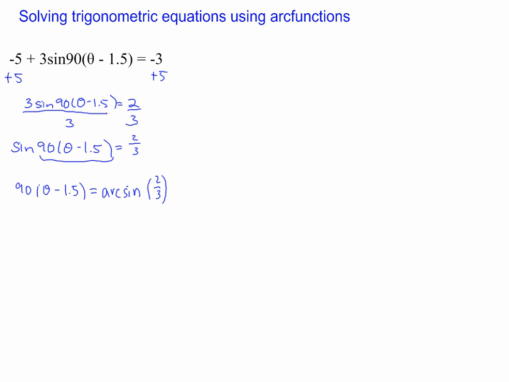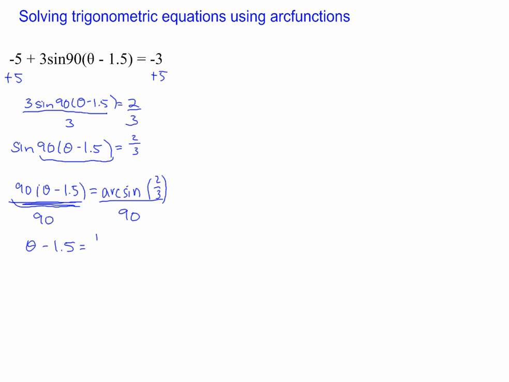So what I'm going to do now is look at the left-hand side of the equation, and figure out how I can get theta by itself. The first thing I'm going to do is divide by 90, divide by 90. Theta minus 1.5. Now, I could leave the right-hand side written as arcsine 2/3 divided by 90, but I'm kind of lazy and I want to write it all on one line.